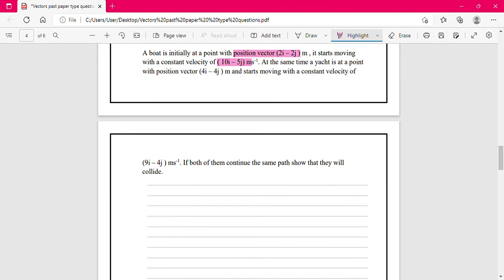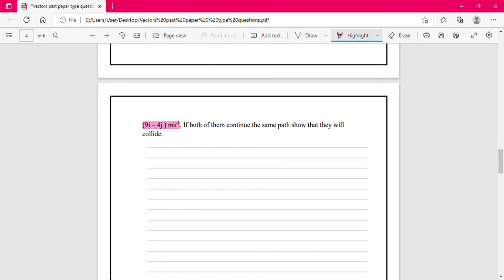At the same time, a yacht is at a point with position vector 5i - 4j meters and starts moving with a constant velocity of 9i - 4j meters per second. If both of them continue the same path, you have to show that they will collide.